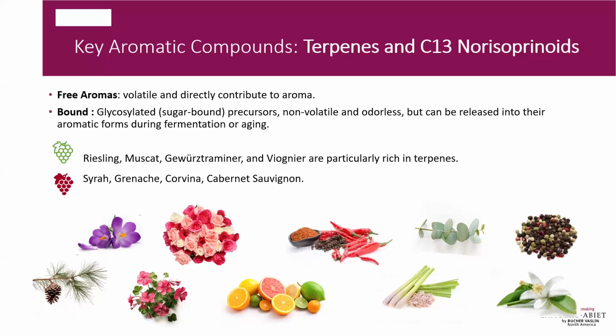In Cabernet Sauvignon, it contains terpenes contributing to herbal or eucalyptus-like aromas. I'm not going to name all the different terpenes, but there are a lot, like linalool, which smells like orange blossom, citrus, geraniol, like rose and geranium, etc.